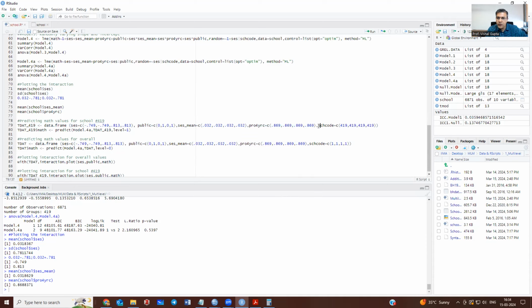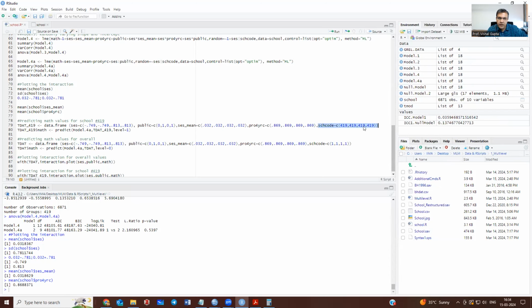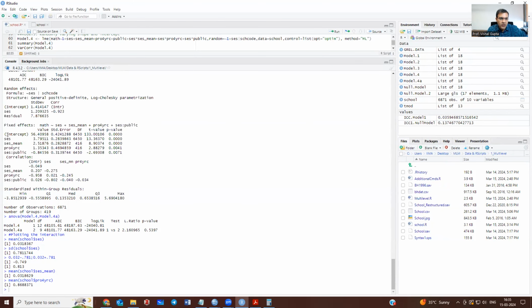And then I write school code, 419, 419, 419, 419. That means I am going to use this school code. Now this multilevel package has a very useful command. It says predict. And what model do you use? Model.4a. Using all these coefficients that you have got.